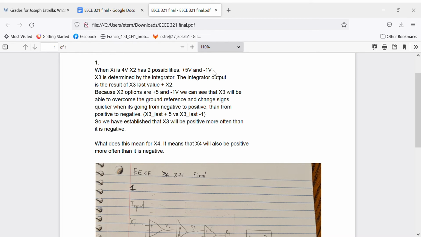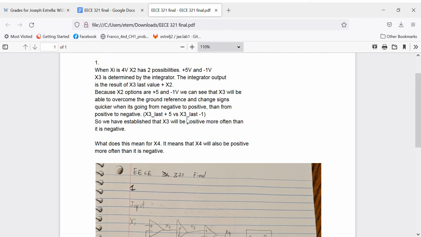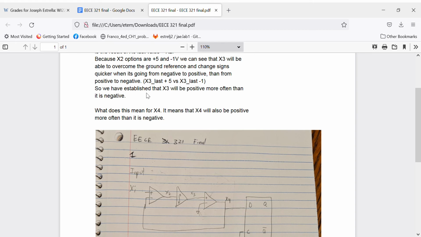Because with anything minus 1 and then anything plus 5, we're going to make a negative to positive transition faster than a positive to negative transition. When that transition does happen, it's going to show up on x4 and the cycle is going to repeat itself. So again, we've established that x3 is going to be positive more often than it's negative.